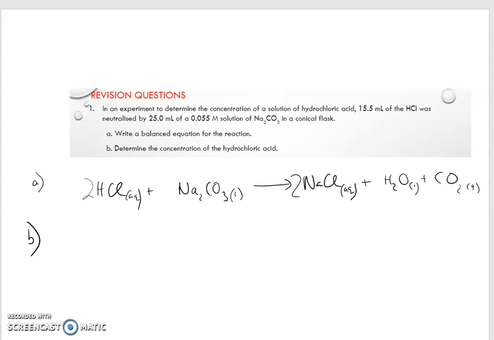Okay, so hydrochloric acid here, we know our volume, and for the sodium carbonate, we know our volume and concentration. All right, awesome. So we know more about the sodium carbonate. Now, with any stoichiometry work, we always deal with moles. So just always remember that, because we use ratios, don't we, that we draw from the equation.